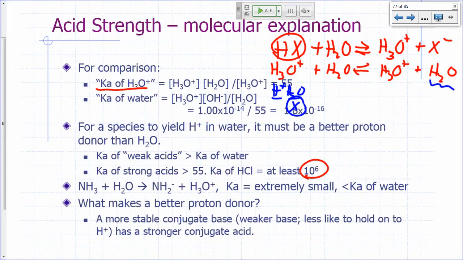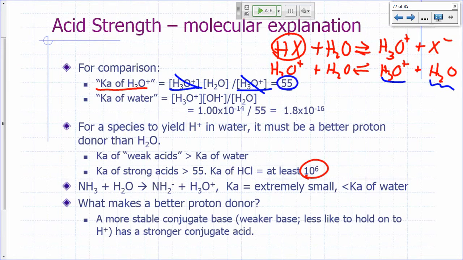And if we did that, your Ka would be H3O plus times H2O divided by H3O plus. So the H3O plus concentration is just going to cancel out. So the Ka of the hydronium ion is just the concentration of water for comparison purposes.